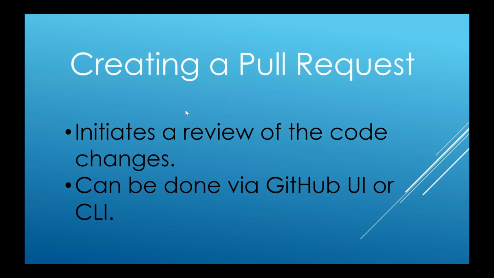Your goal should be to merge your changes into the main branch, so that your changes can be part of the next deployment or next release cycle. For that purpose, you have to create a pull request. A pull request is nothing but a request to merge your changes to the main or master branch, or release branch, or even some other particular branch.